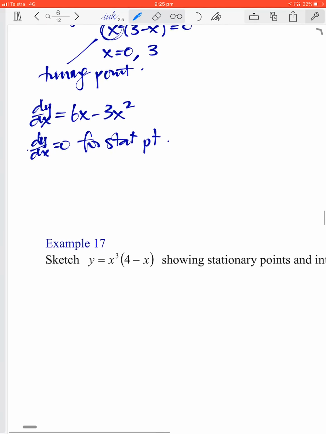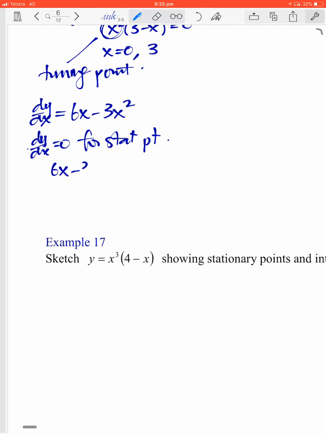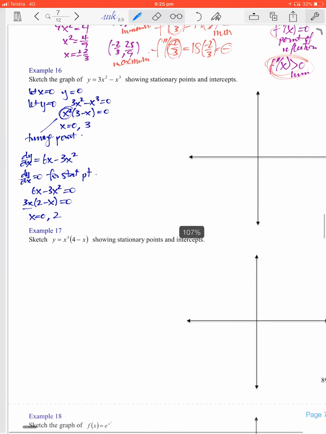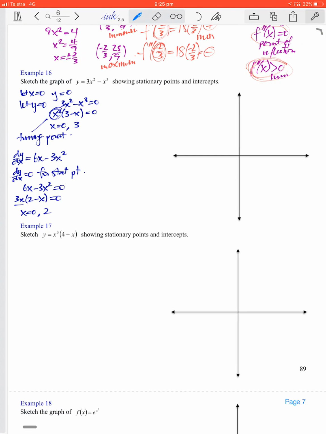So if we set 6x minus 3x squared equal to 0, we can take out 3x as a common factor, and we get 2 minus x equals 0. From this, we get x equals 0 or 2. So we know we've got x-intercepts at 0 and 3, and we've got stationary points at 0 and 2.